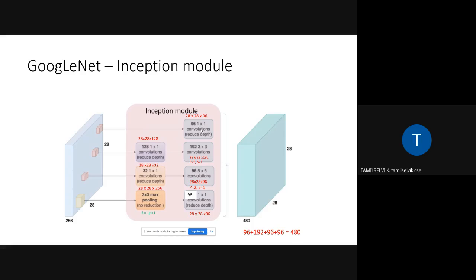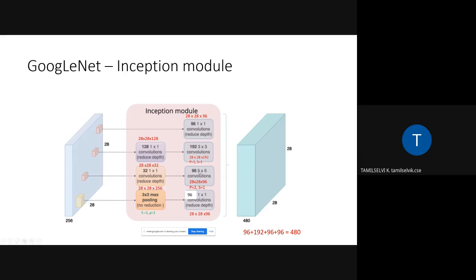So here I have given padding equal to 1 in order to avoid that. I have one row in the top and bottom, one column in the left and right in order to accommodate the corner cells. So as usual, 28 cross 28 is maintained here. But here, since there are 192 filters, you have 28 cross 28 cross 192.